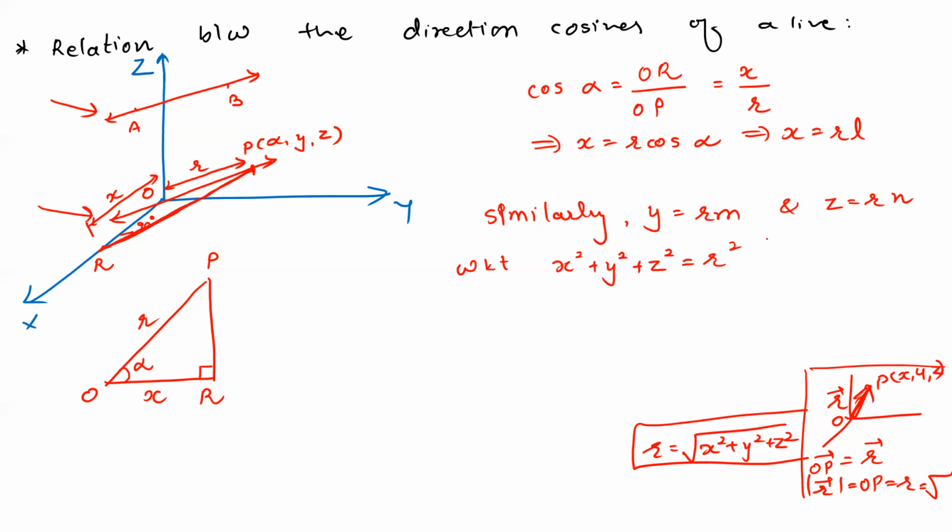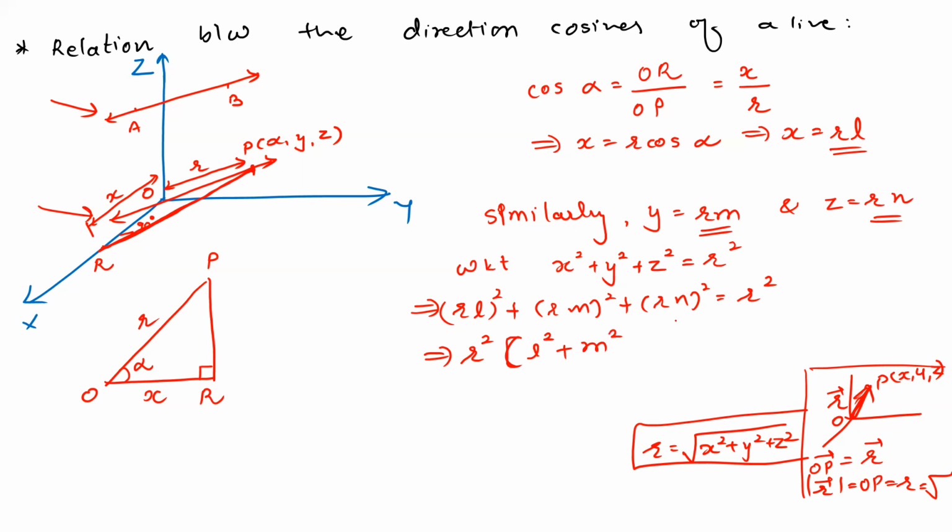But here, we found X is equal to RL, Y is equal to RM, and Z is equal to RN. Let's substitute it. RL square plus RM square plus RN square is equal to R square. So R square is common. In this case, L square plus M square plus N square is equal to R square by R square, that is 1.